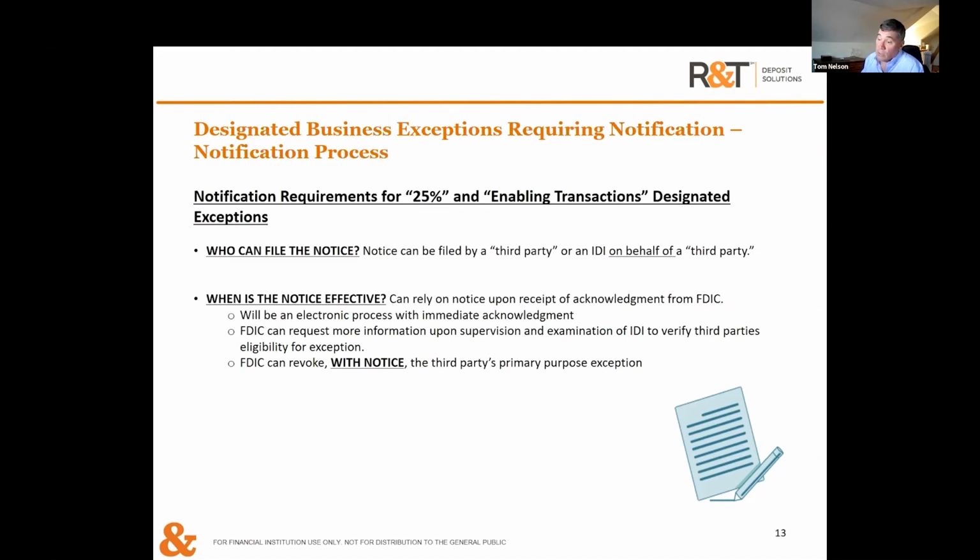The FDIC also has the ability to revoke the primary purpose exemption with notice if it feels that the notification for primary purpose exemption has been made, shall we say, on shaky grounds. That information has not been relayed fully accurately, and I'll run into some of the reasons why that could happen. But we expect that that is going to be a very rare situation.